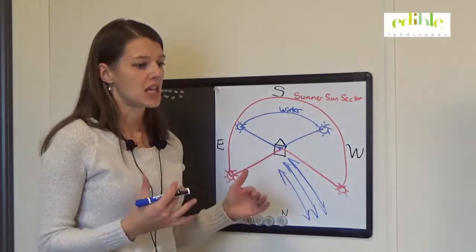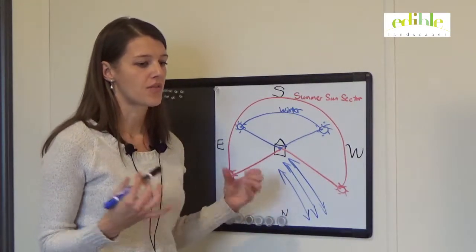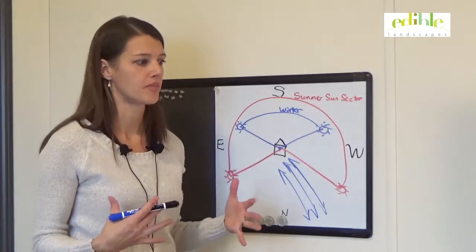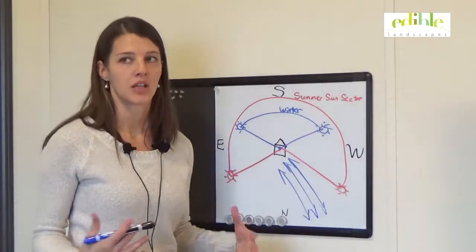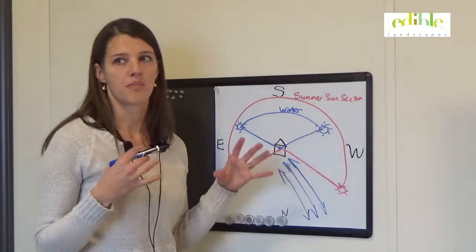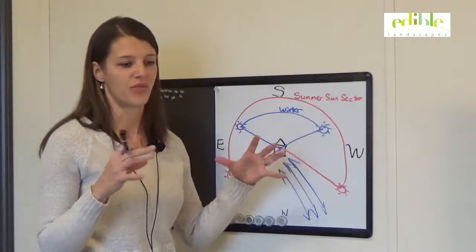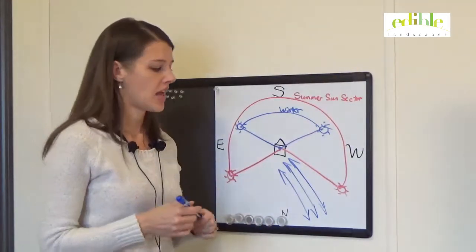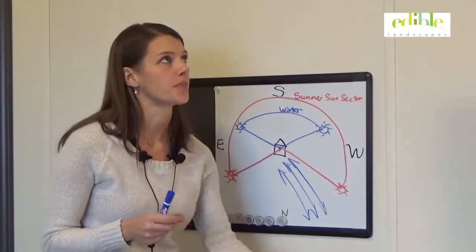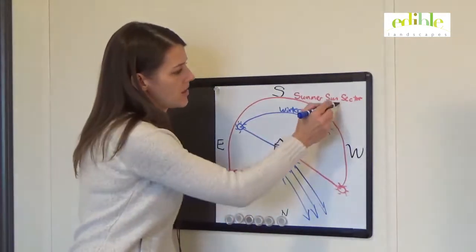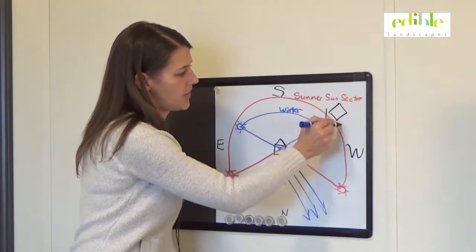Is there any potential for fire to spread onto your property from outside of your property? So let's say that there's a really, really dry, overgrown field just to the southwest of you. Then we want to indicate on our sector diagram that there's the potential here for a fire sector.